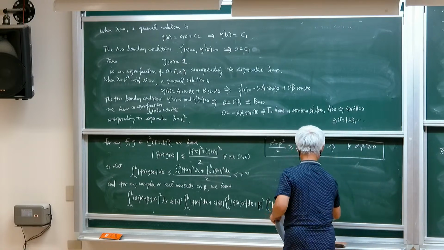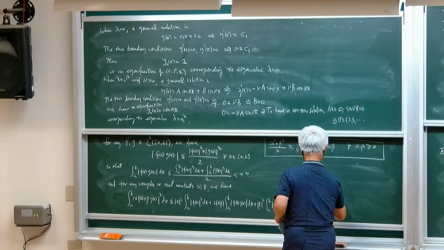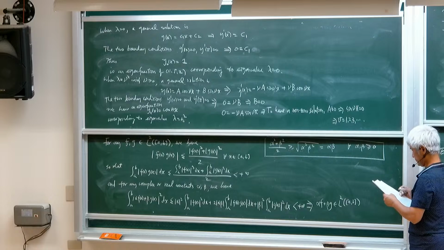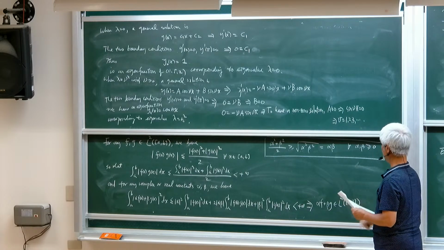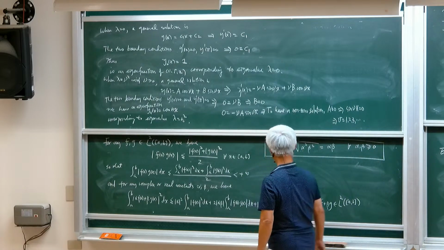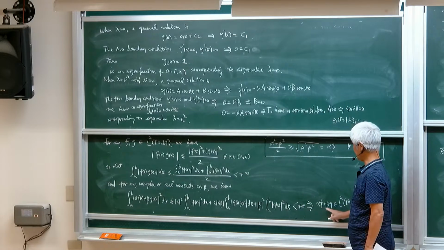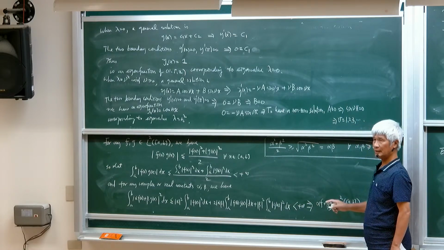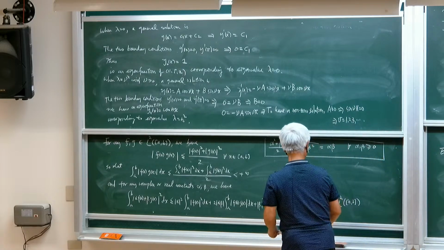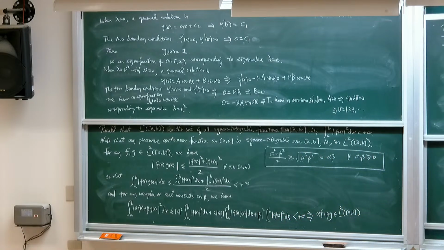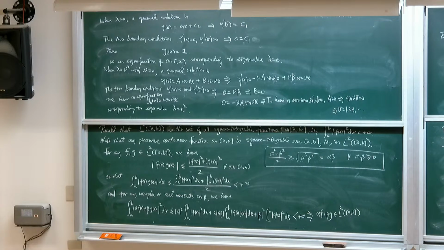Okay, so this implies that alpha f plus beta g is also in L2[a,b]. So linear combinations of two functions in L2 give us another function in L2.